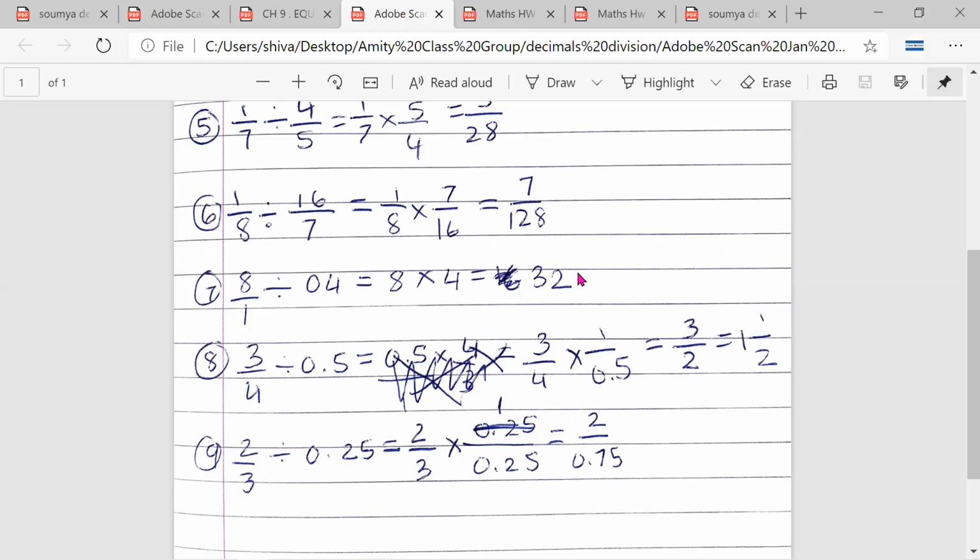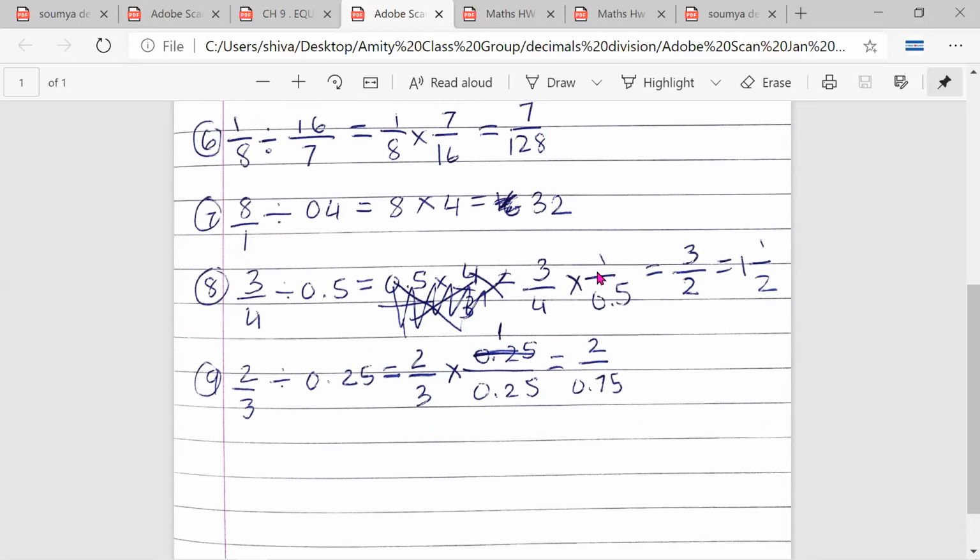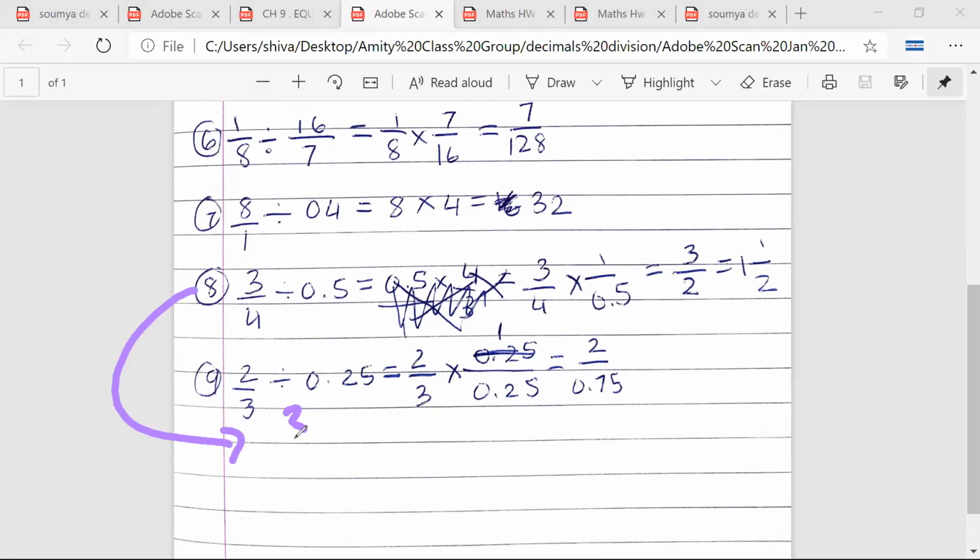Okay. So finally, let us come again to the point that I was trying to make. And for that, let us look at the worksheets. Then you will understand why there is confusion. So Aishwarya ji, 3 upon 4 divided by 0.5.